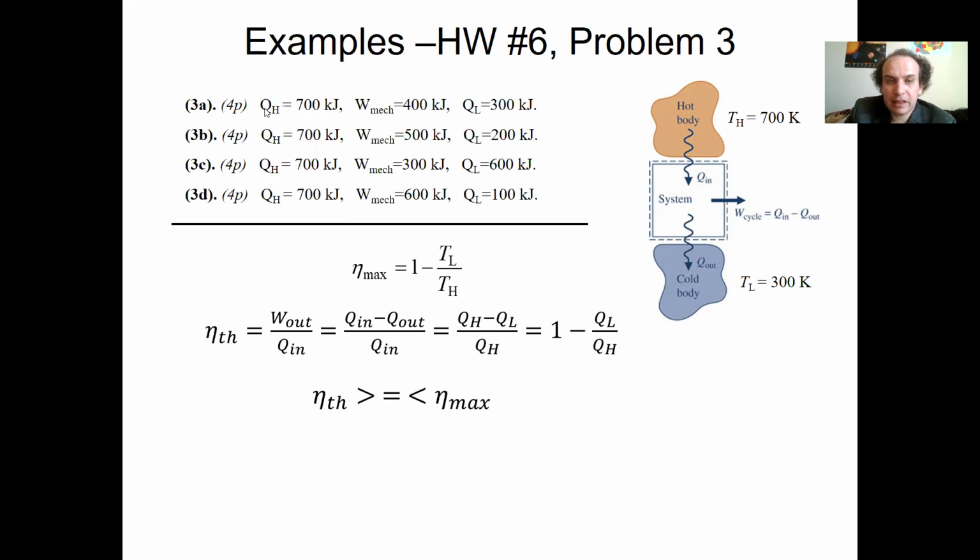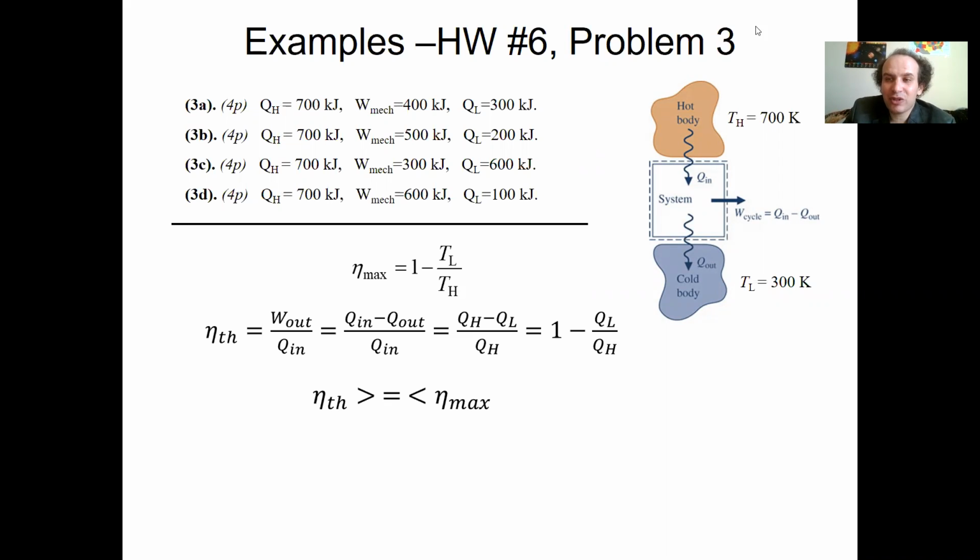Please consider case A. What is desired or what is required? It will be 400 divided by 700, correct? Will it be the same as this one? Exactly. So what is your conclusion for case A? Exactly, it will be reversible.